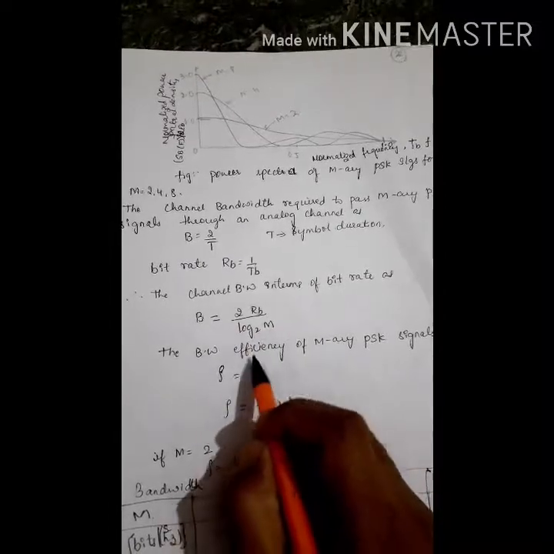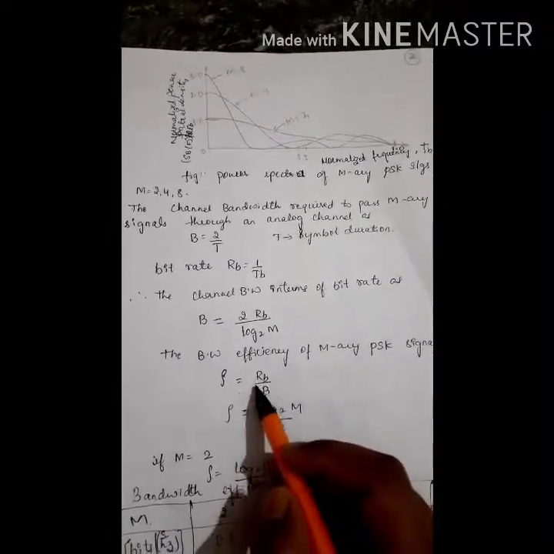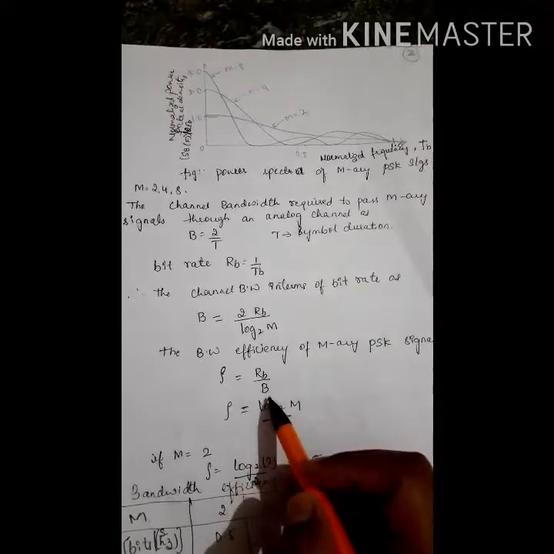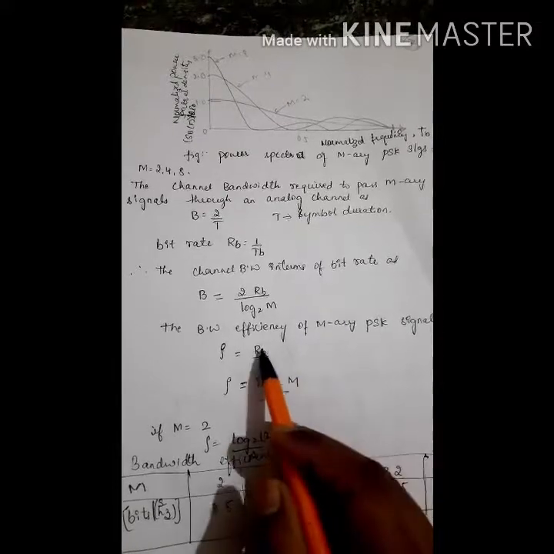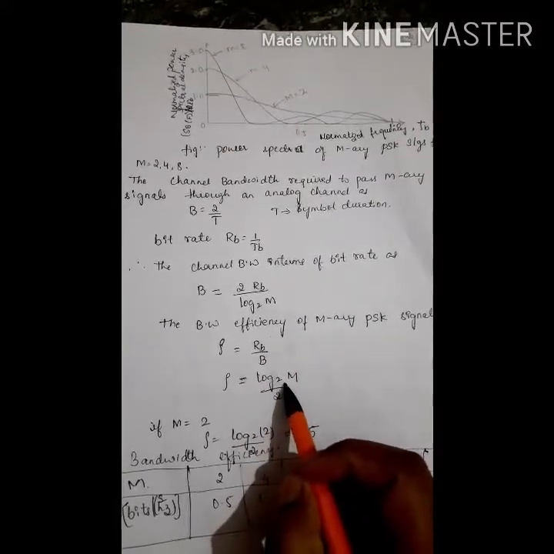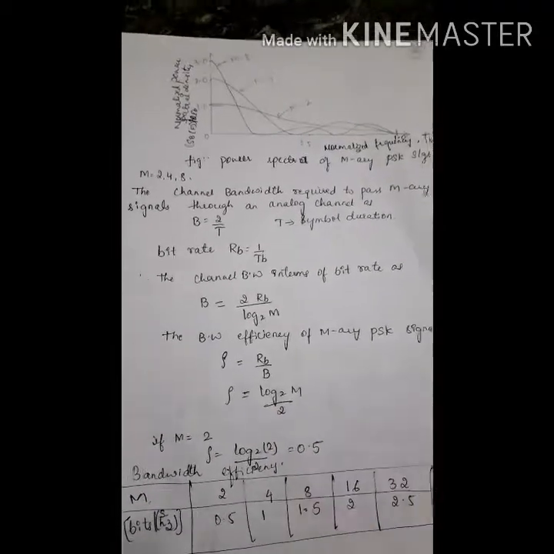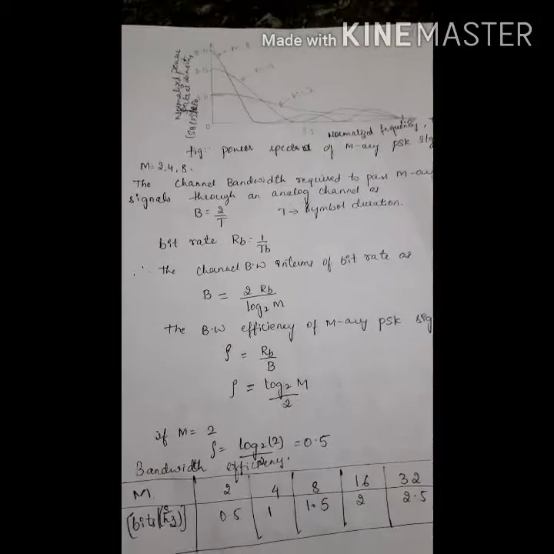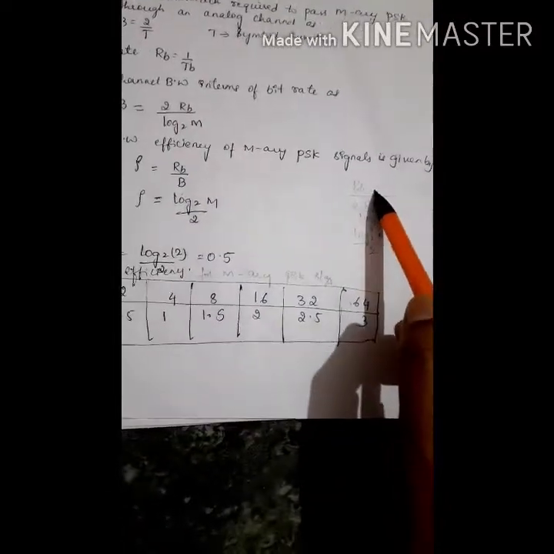And next, the bandwidth efficiency of the MRI PSK is given by rho equals RB by B. So we write RB as RB.